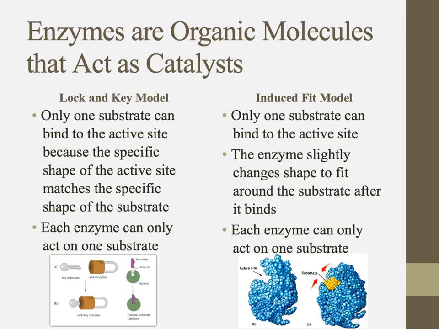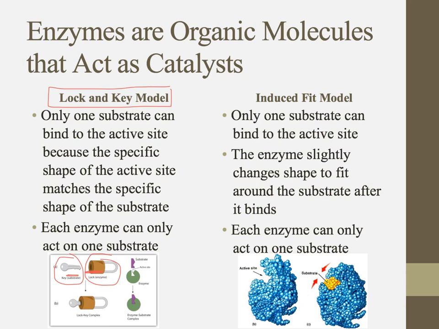Now, there are a couple ideas in terms of how exactly this substrate fits into the active site. The old school model, the one I learned when I was your age, is called the lock and key model. Basically that says that only one substrate can bond to an enzyme, and that's because the substrate is a perfect match for the shape of the active site.